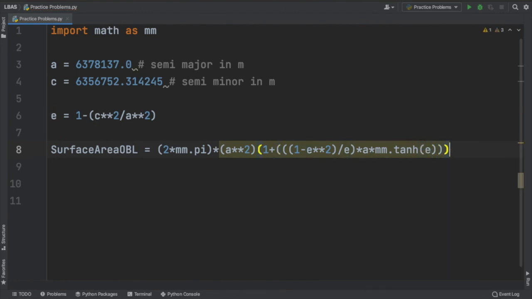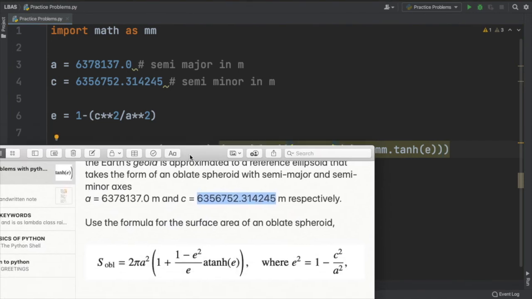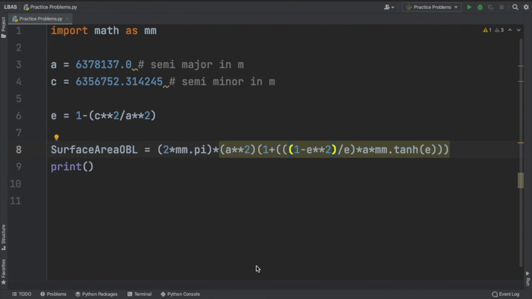And that's it. Print. You see how parentheses make your life so much easier, even when you have to type out such a big formula. So yeah, use parentheses.